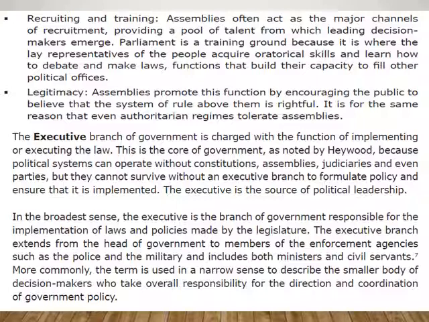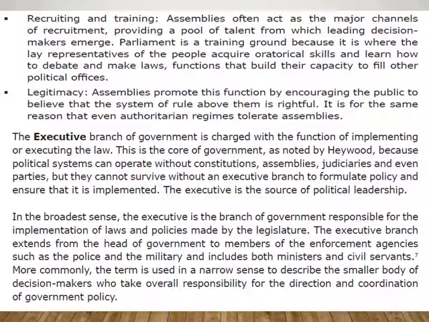In the broadest sense, the executive is the branch of government responsible for the implementation of laws and policies made by the legislative authority. The executive branch extends from the head of government to members of the enforcement agencies, such as police and the military, and includes both ministers and civil servants, for example.